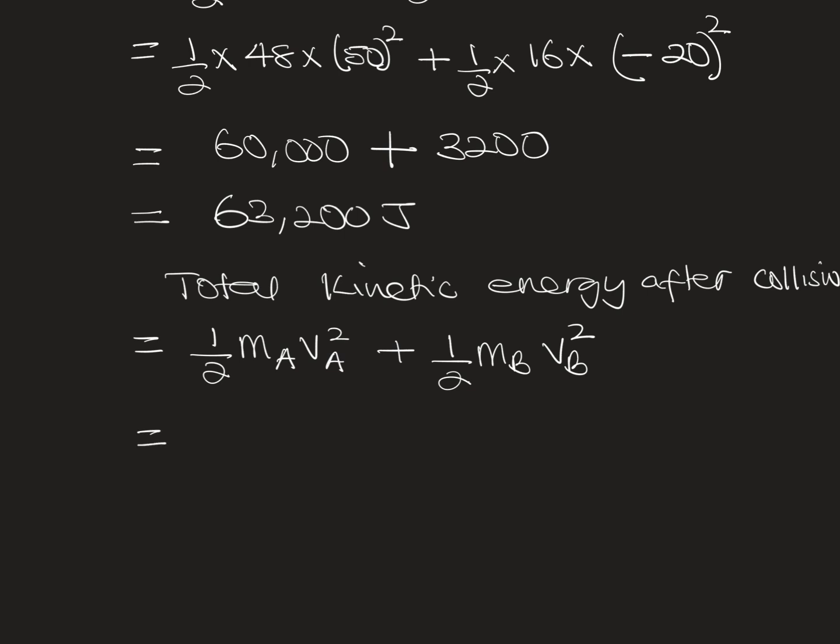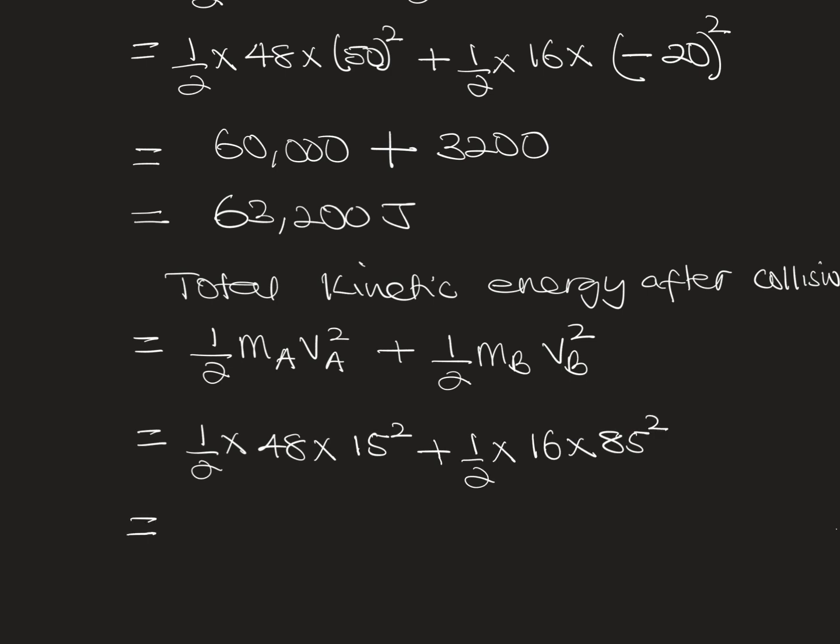So that will be half the mass of A, which is 48, multiplied by the final velocity of A, which is 15, squared, plus half the mass of B, which is 16 kilograms, multiplied by the final velocity of B. We calculated that as 85, so we square that.